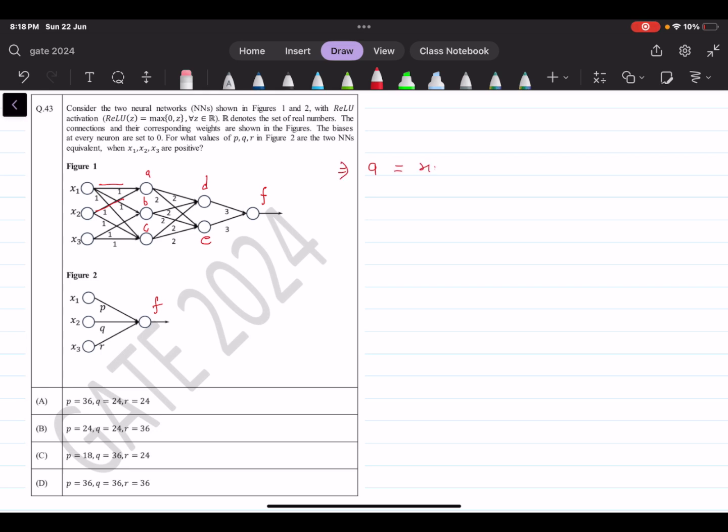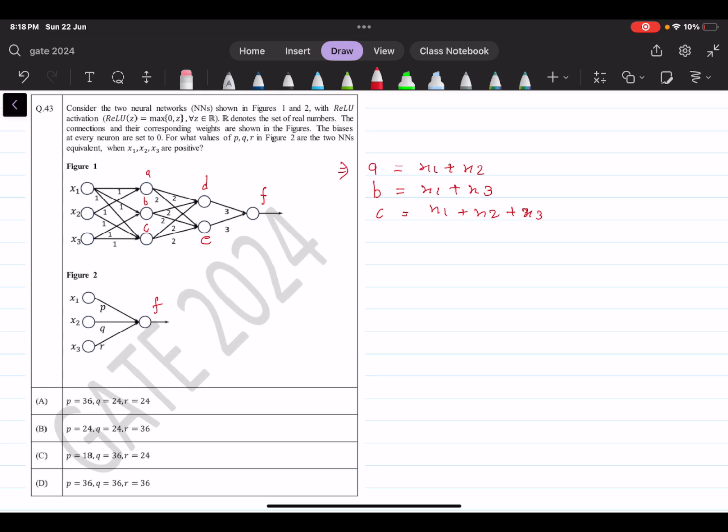So it will be simply X1 plus X2. What will be B? We have one incoming connection from X1 and another from X3. So it will become X1 plus X3. And C has three incoming connections with weight 1, one from X1, one from X2, and one from X3.